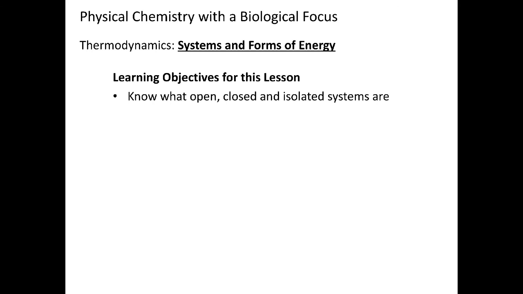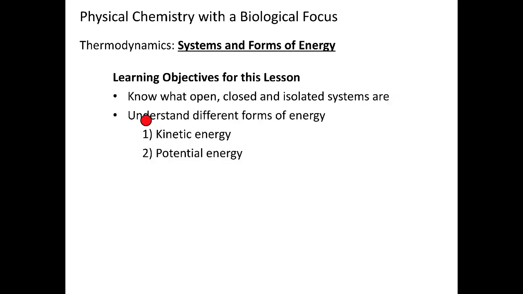But what did we learn today? As mentioned in the beginning, we learned what open, closed, and isolated systems are. We learned about the differences between different forms of energy, kinetic energy in particular, and potential energy. We looked at examples in the macroscopic world, basically the kinetic energy of a truck, the potential energy change for an apple that falls from the tree, but we also looked at it in terms of molecules.